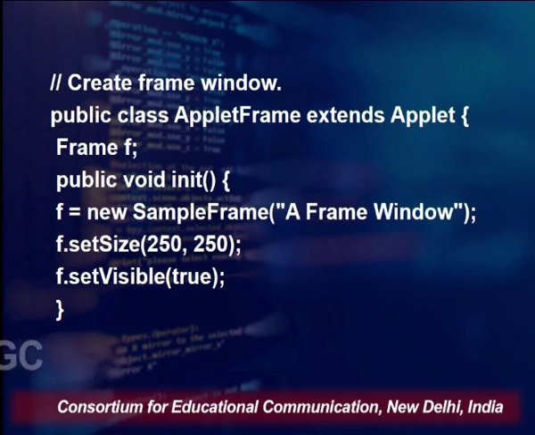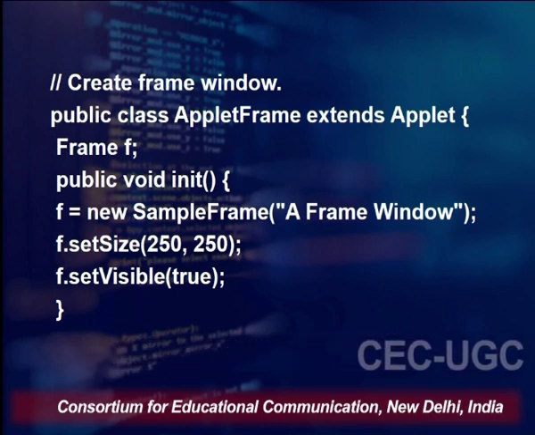In this we are creating a new SampleFrame, which we described in our previous slide, and the title given is Frame Window. Apart from creation, we are setting the size with f.setSize(250, 250), so the height and width are 250 each.